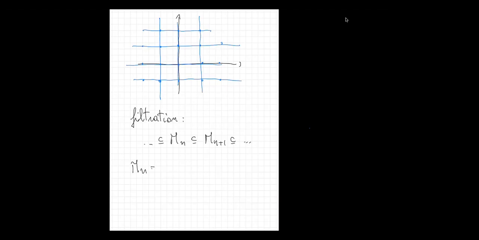Well, M_n is going to be the subcomplex spanned by the vertices with Riemann-Roch weight less than n. Okay, so this is a filtration.